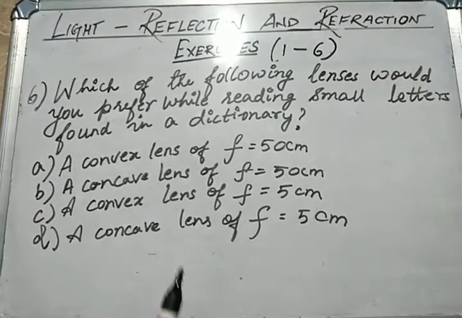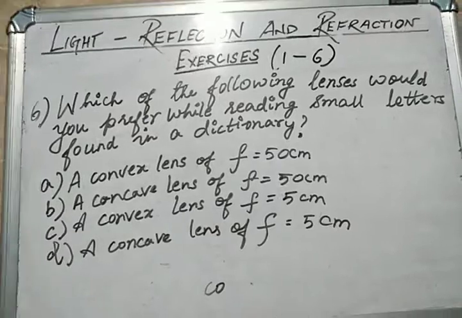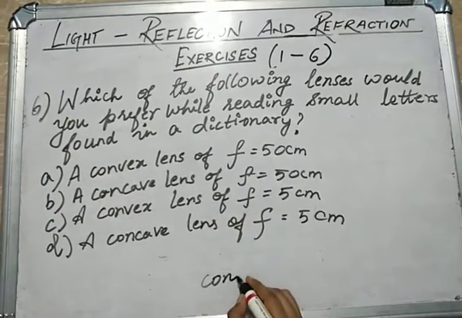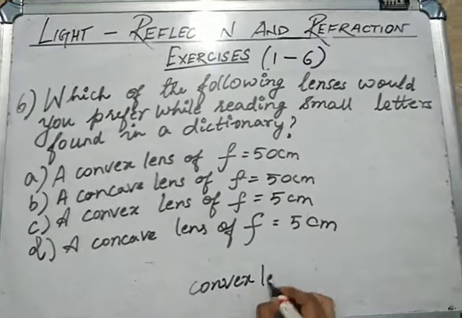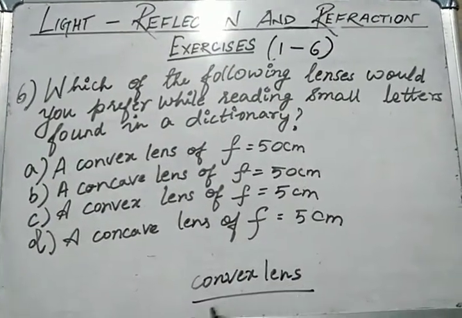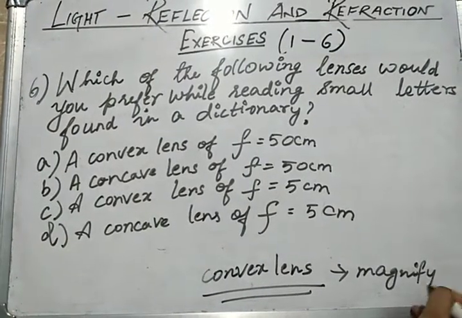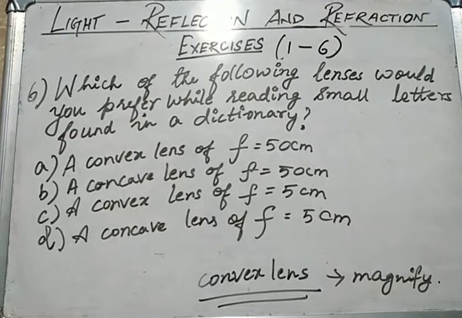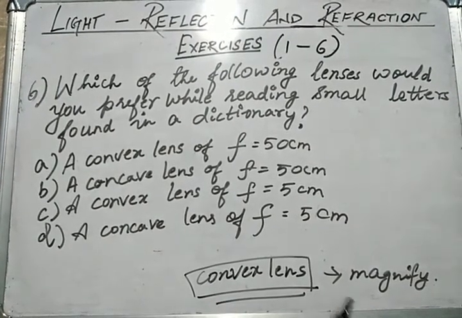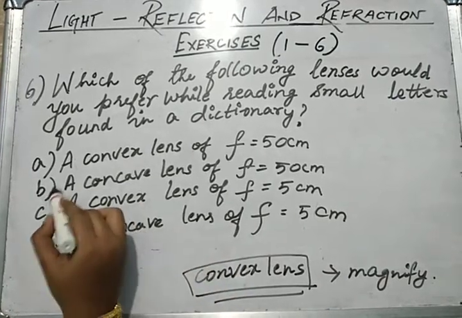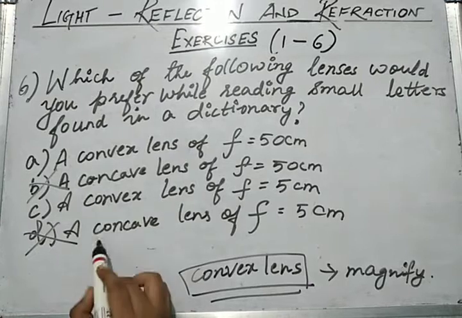Generally, we use convex lenses as magnifying lenses, to magnify. Now we want to read small letters found in a dictionary. Definitely we'll be going for a convex lens. So here it is clear, not concave. So we do not need these two options.